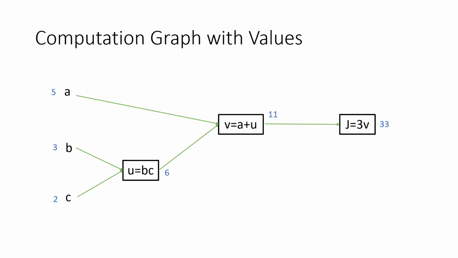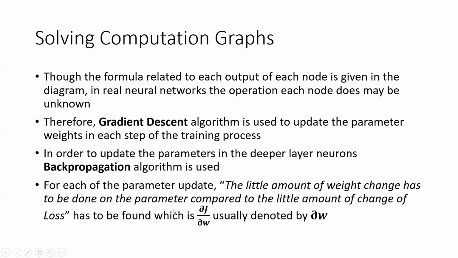So you have to find how much J should change with respect to each of these parameters, and how much each of these parameters should change. So you have to find ∂W for each parameter, like ∂A, ∂B, ∂U, ∂V, and so on.